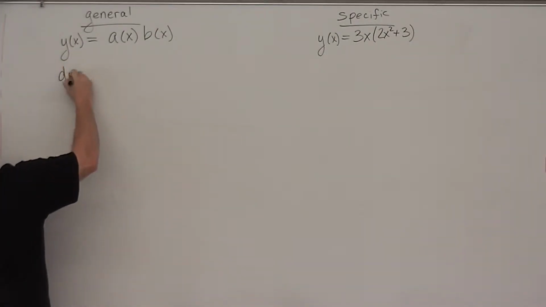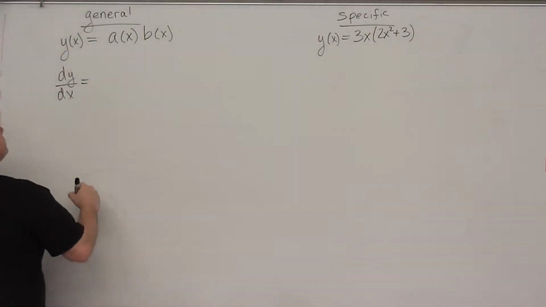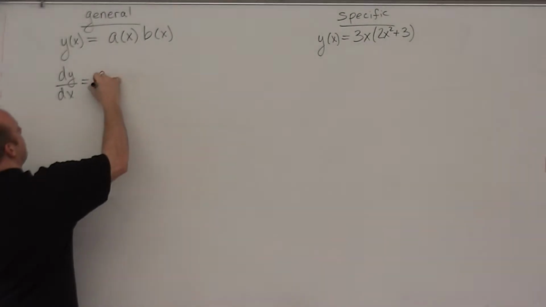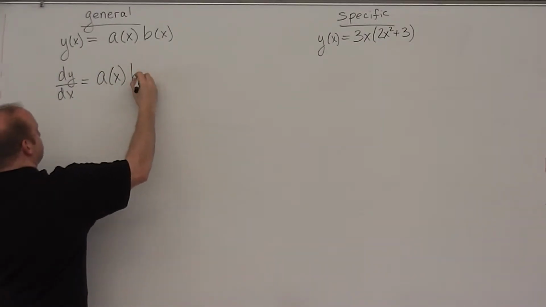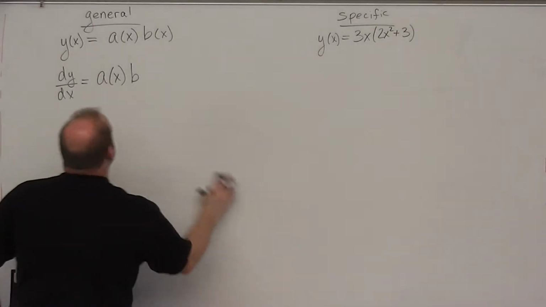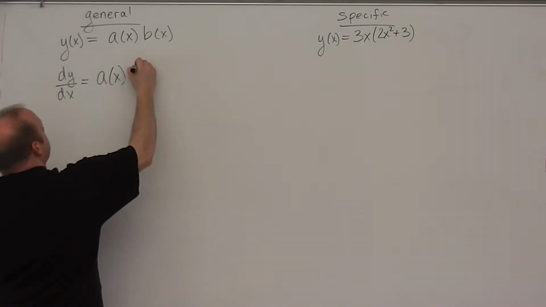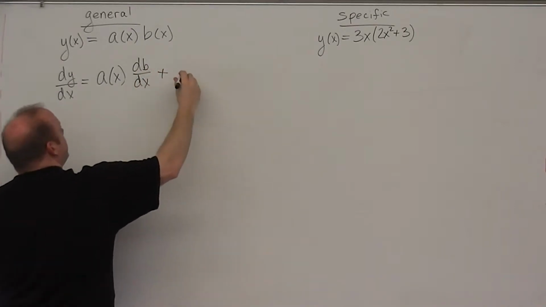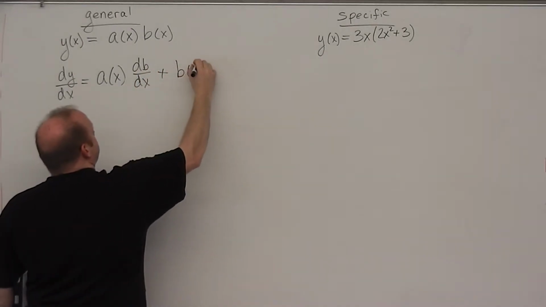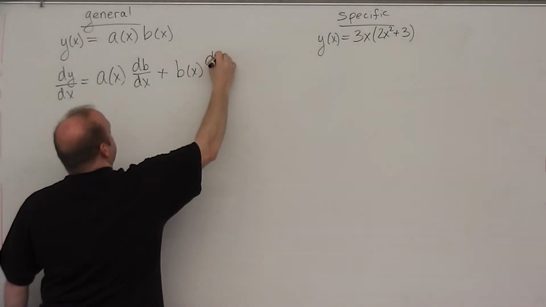So now, dy dx here will equal a of x times dB dx plus b of x times dA dx.